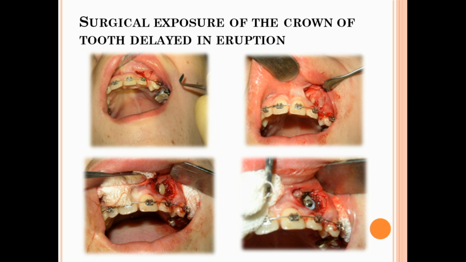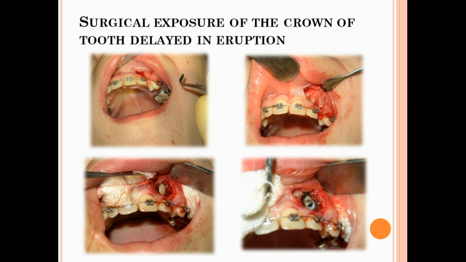Treatment of unerupted permanent teeth is complex and conditionally divided into two stages. At the first stage, surgical exposure of the tooth crown, excision of bone in the direction of tooth traction.